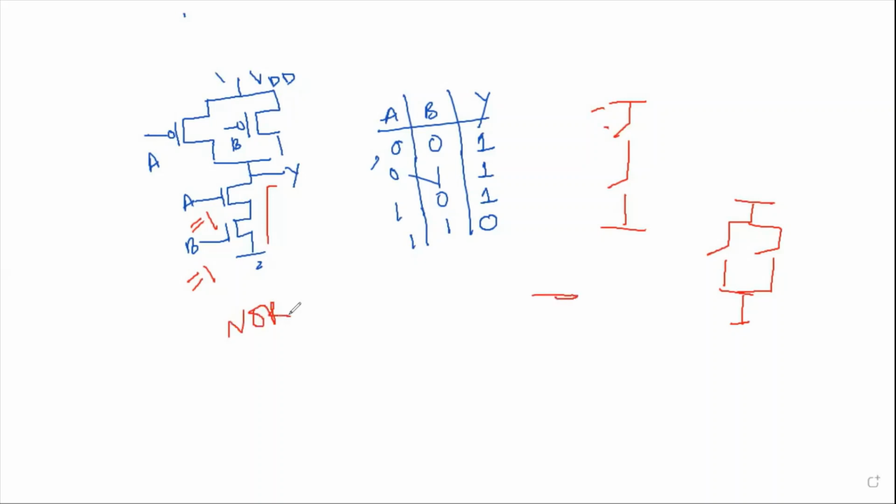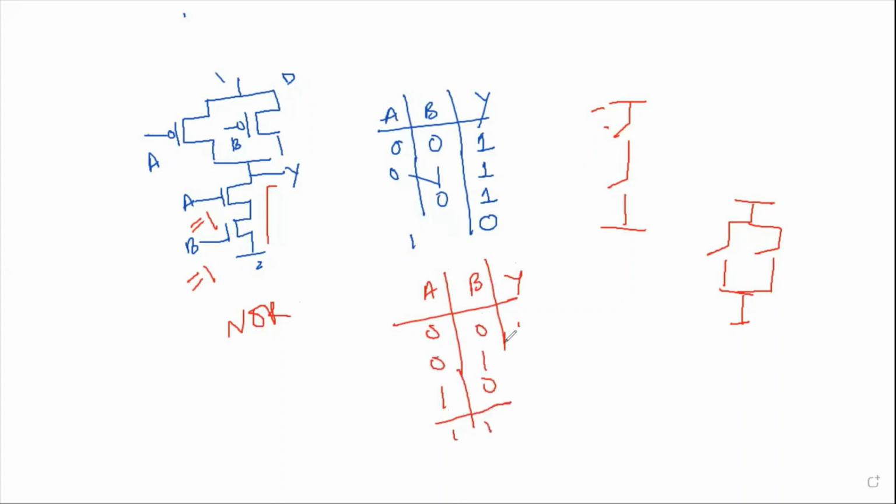If I draw the truth table of the NOR gate, I have my output as 1, 0, 0, 0.